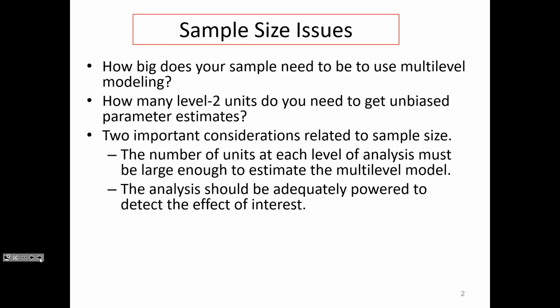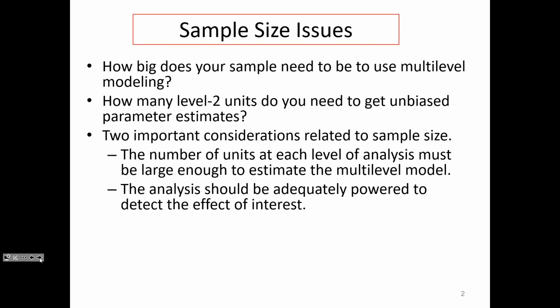But another question is, how many observations do you need to be able to run the model, get the model to converge, and give you reasonably unbiased parameter estimates? That's a different question.